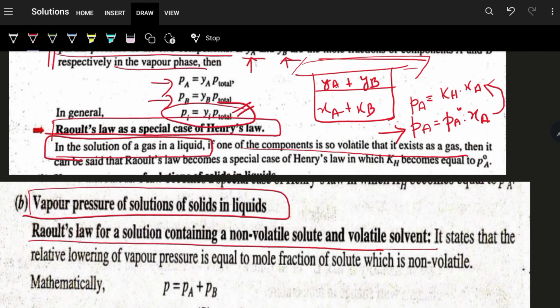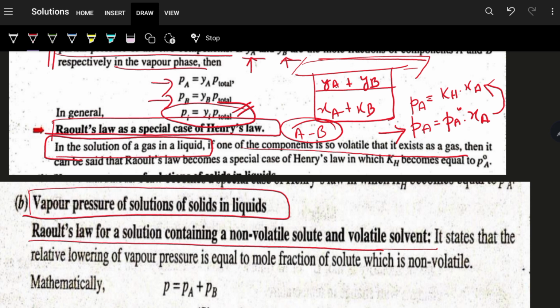Vapors will be more. Now, out of the two liquids A and B in Raoult's law, if the volatility is so high that it can be compared to a gas phase, then we can say Raoult's law is a special case of Henry's law.